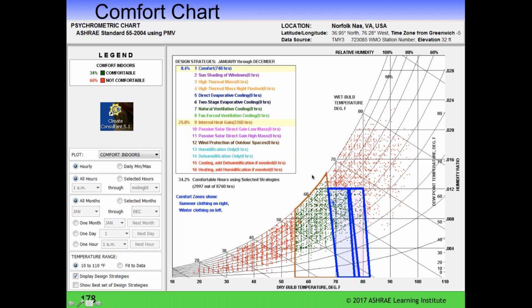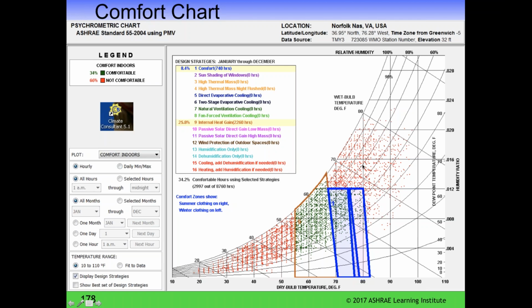Here is a climate psychrometric chart for Norfolk, Virginia, and it shows the blue boxes on the lower right, the climate comfort zone for ASHRAE. And it goes from 10 degrees Fahrenheit up to 110 degrees.